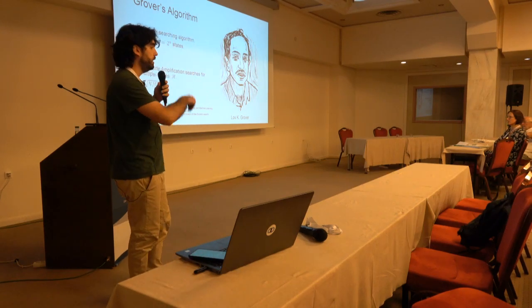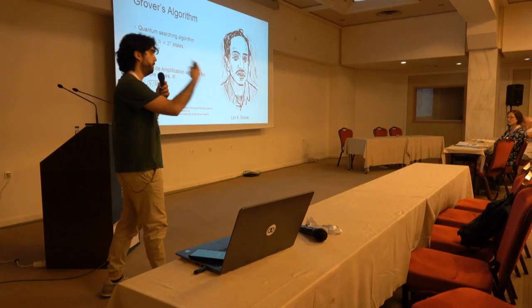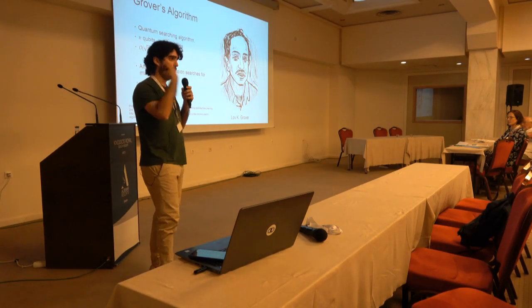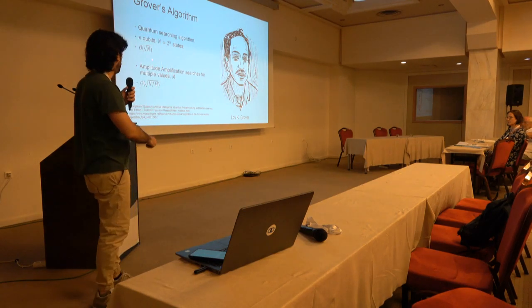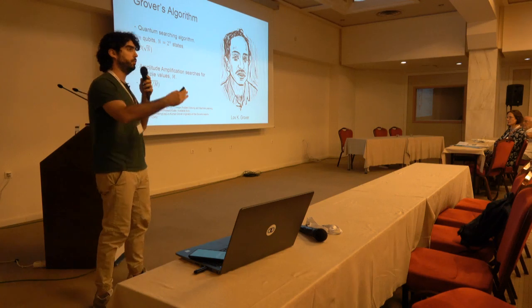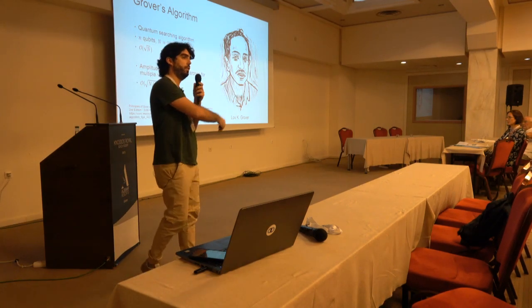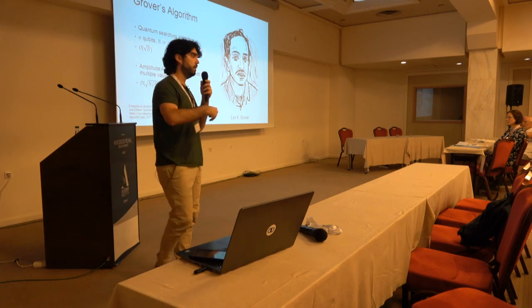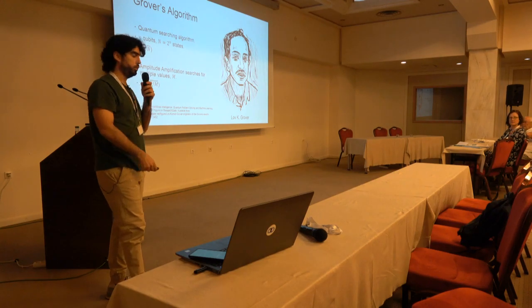So initially, this work by Grover was just thought to be on searching for one value, but a couple of years later, he published another paper which builds the amplitude amplification, which is able to search for multiple values. So this is the algorithm that we are basing our work on, such that we can construct what I'm going to talk about now.